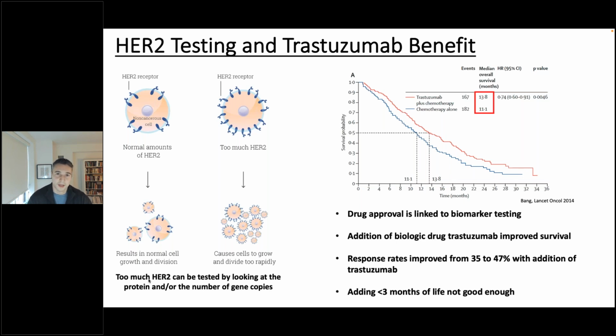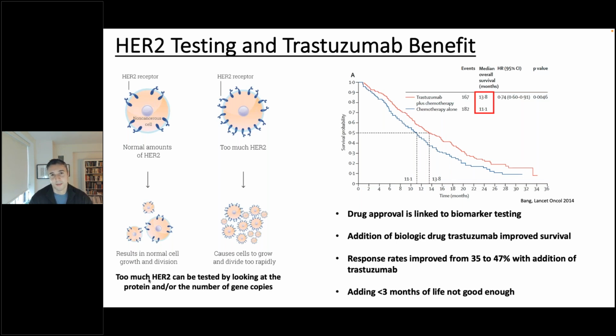Too much HER2 can be identified by looking at the protein or the number of genes, or both. This can be done by immunohistochemistry, something called FISH testing, or next generation sequencing. The reason it's important is that if you have overexpression of HER2, your survival is better when you get this drug.